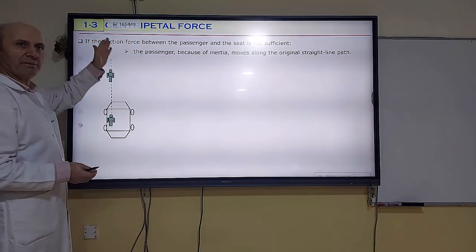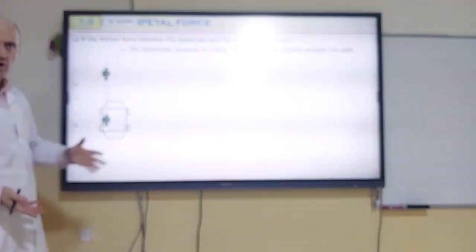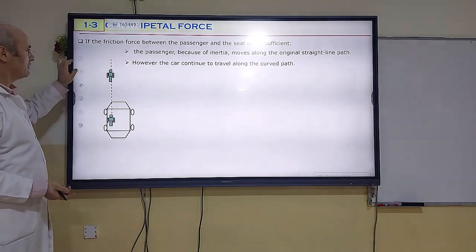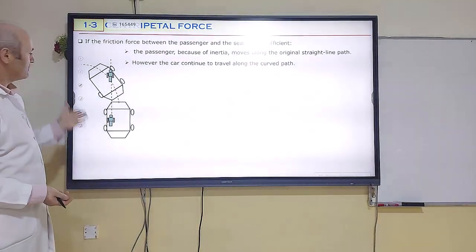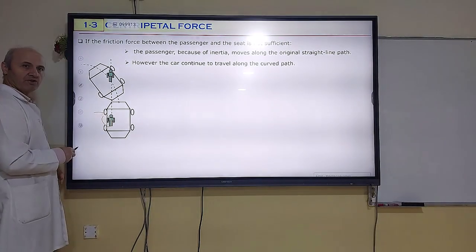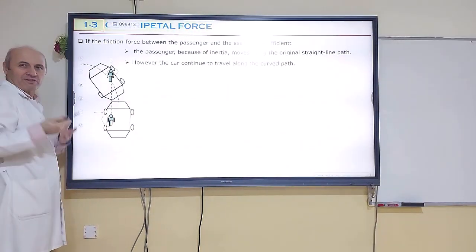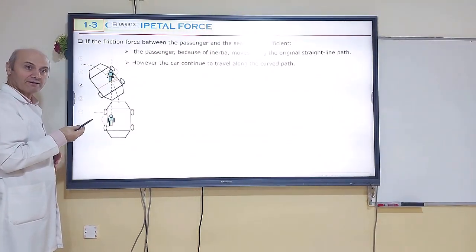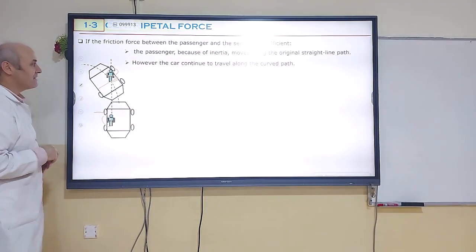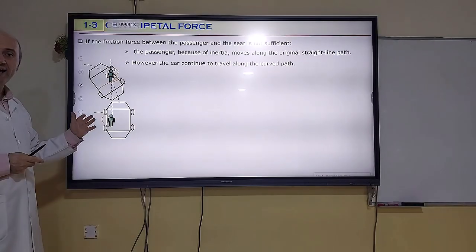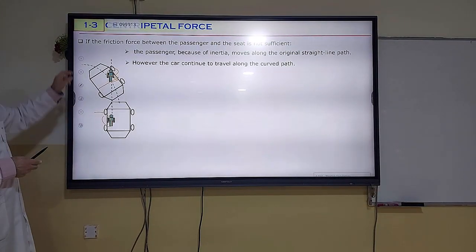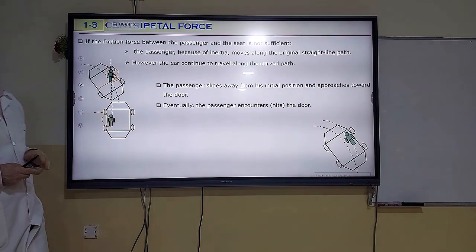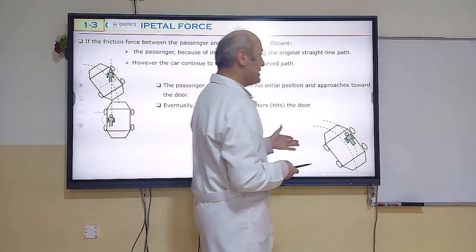The passenger moves that way, but the car makes the turn. The car makes the left turn this way. What happened? The passenger was on the left initially, then becomes on the right. What does it mean? The passenger is sliding from left to right, and finally hits the wall. So the passenger's body comes in contact with the wall.